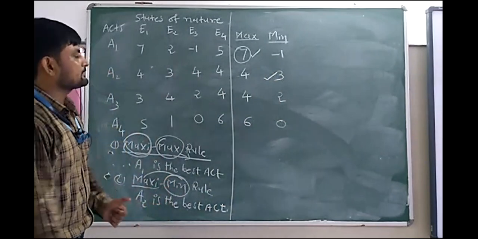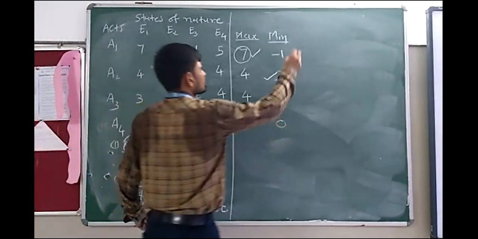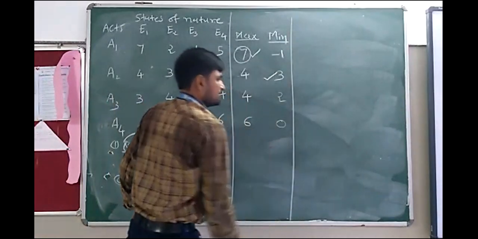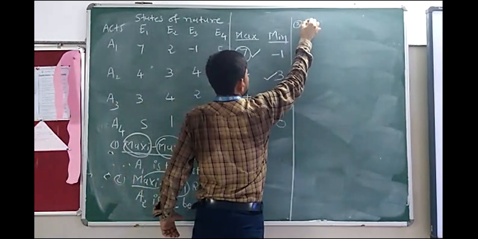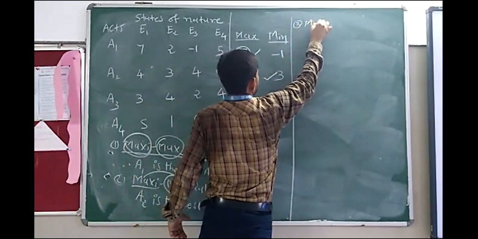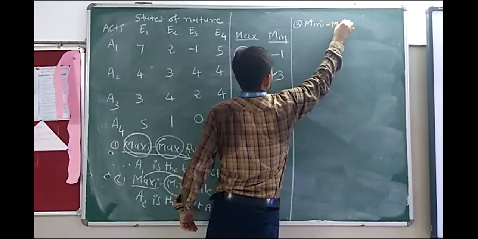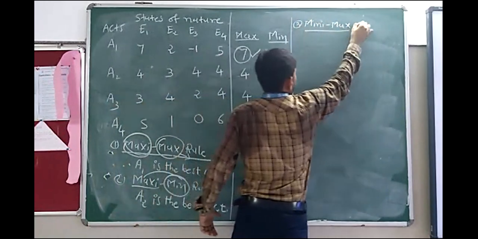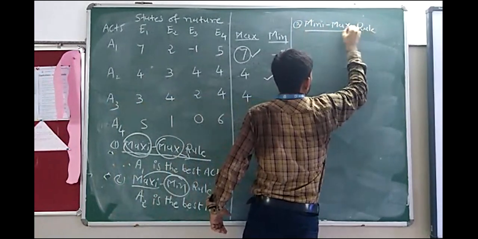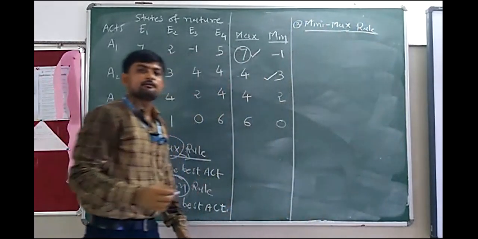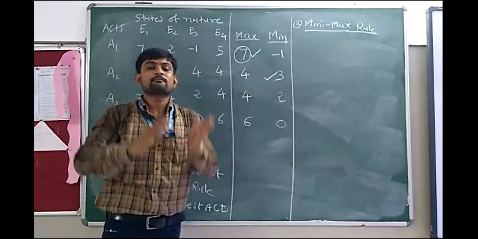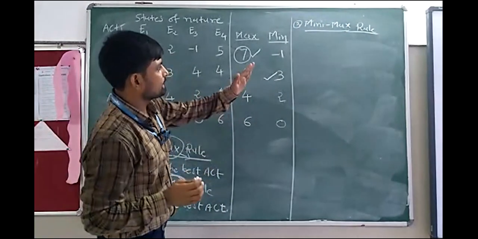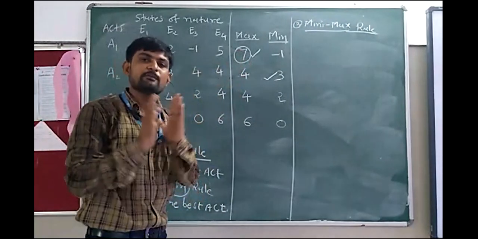Okay. After this, we'll use rule number 3, that is the Minimax rule. Now mind well, earlier we discussed in theory that there is a vast difference between the Minimax rule and the Minimax regret rule. So here we are using only Minimax.